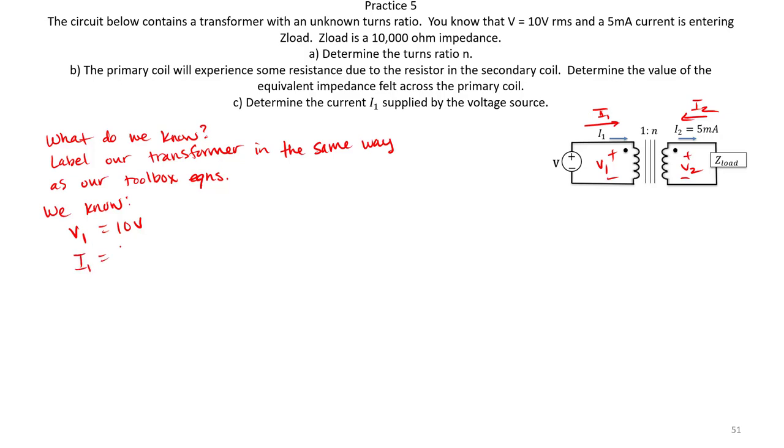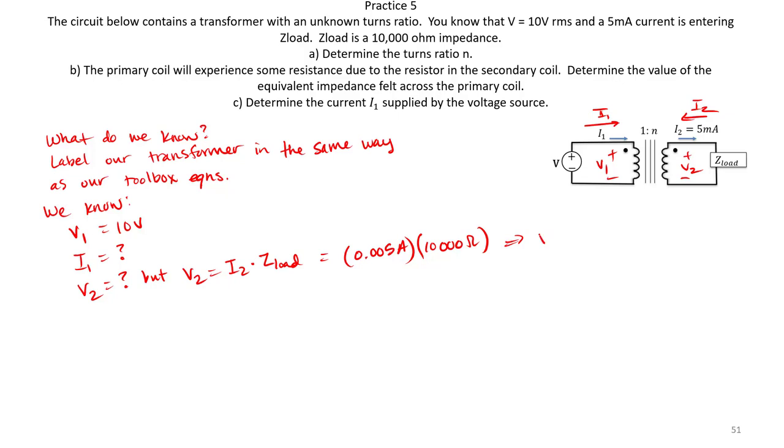We do not know I1. What else do we know? Well, we don't know V2, but we do know I2 and Z load. I2 we're given as 5 milliamps, or 0.005 amps, and we know Z load is 10,000 ohms.